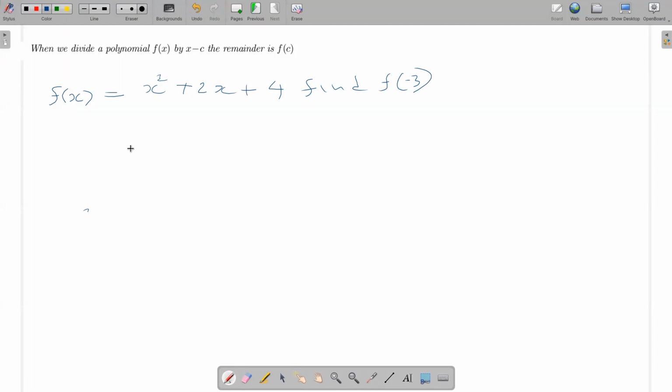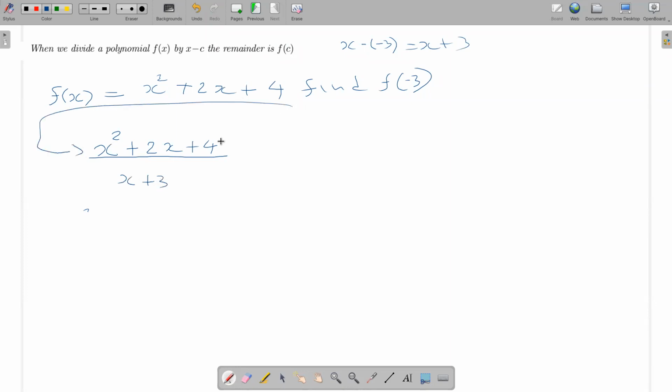So if we are looking for minus 3, I write x squared plus 2x plus 4. This guy I have to divide by x minus c, no? So this c is minus 3. So x minus minus 3 is x plus 3, no? So here I am dividing by x plus 3. If you are dividing by x plus 3, in my division box I write the opposite sign, minus 3.